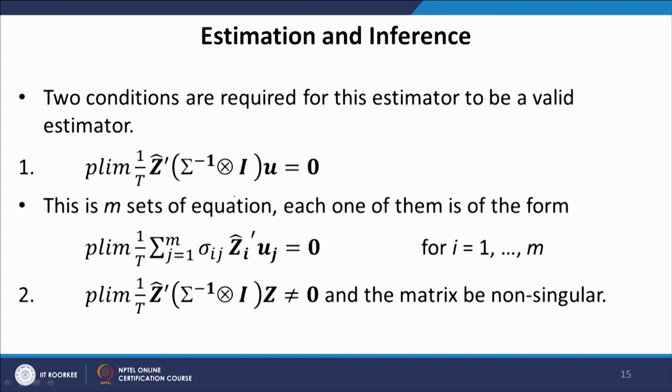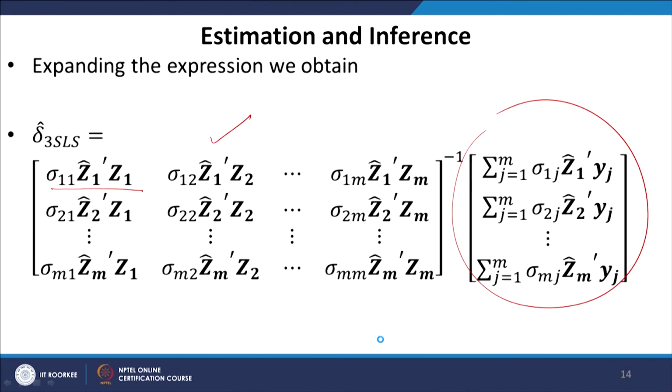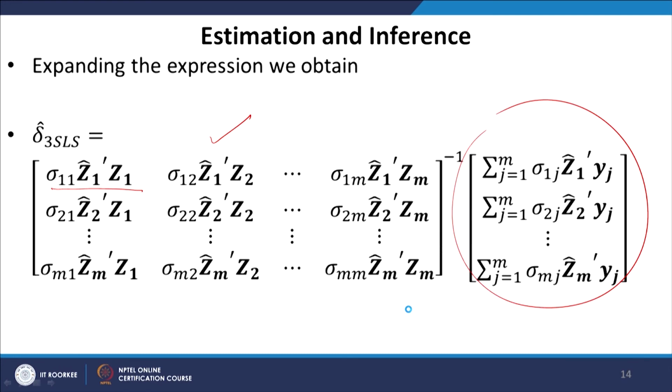Ideally, this implies that the instruments we obtain must be uncorrelated with the error term. The second condition is that this term should be invertible, that is, the matrix should be non-singular. If these two conditions are fulfilled, then we can always obtain these 3-SLS estimators.